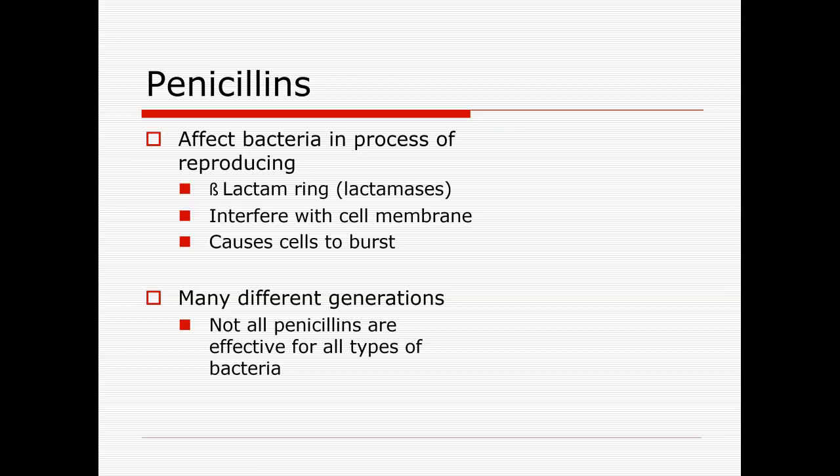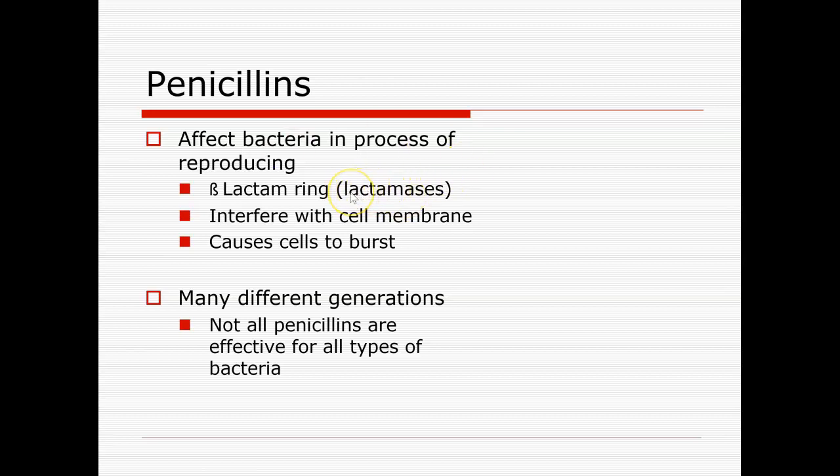There were a number of different generations of penicillin, and ultimately all penicillins have in common this beta-lactam ring. That's what allows it to attach to the bacteria and start invading its cell wall, causing it to burst. And so these are bactericidal.